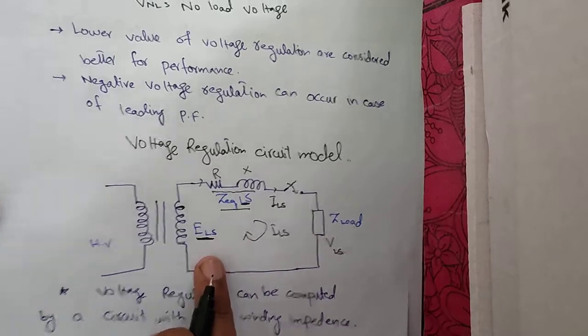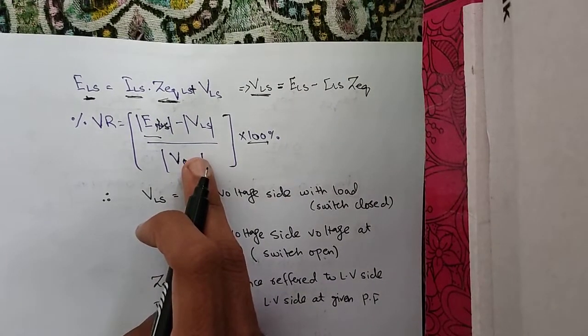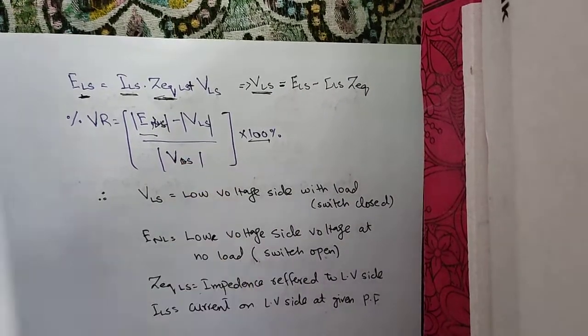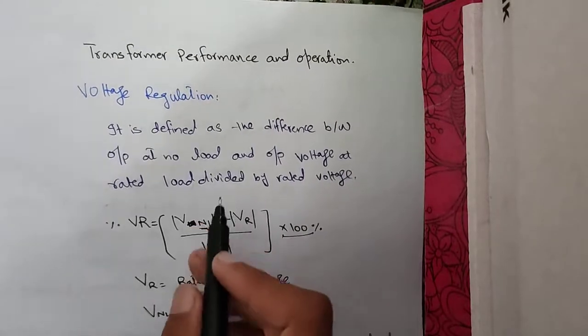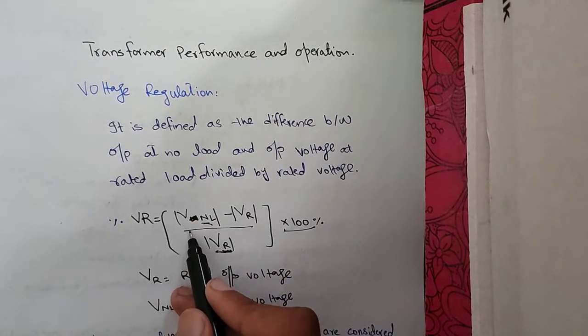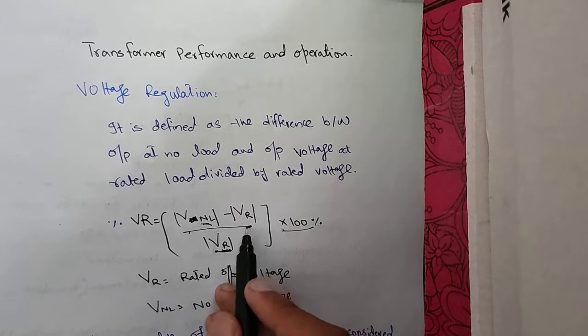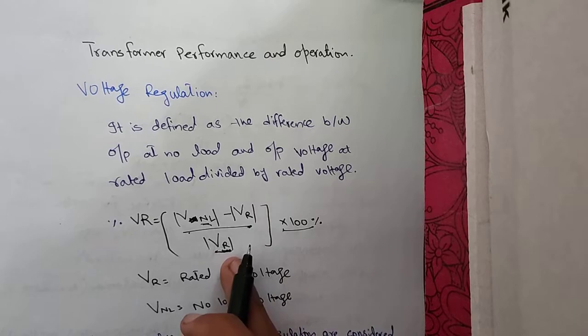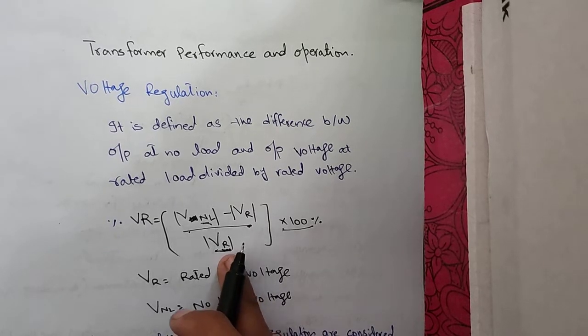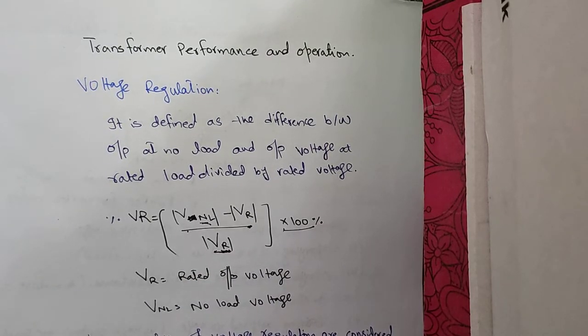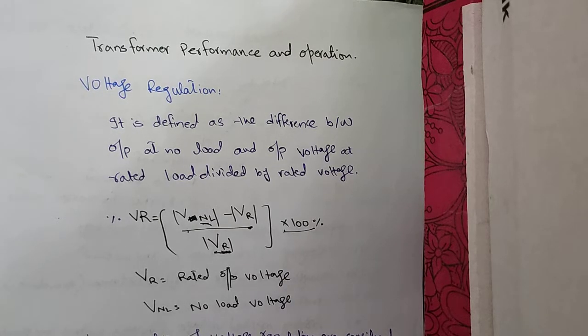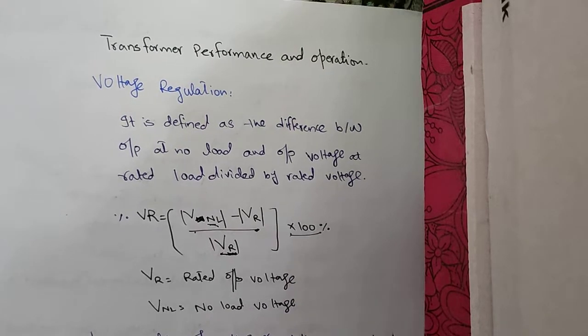Considering this circuit, we will get this equation. So for convenience, the equation used for voltage regulation is no load voltage minus rated output voltage, divided by rated output voltage. Rated means the output obtained on rated load mentioned on the nameplate of the transformer.